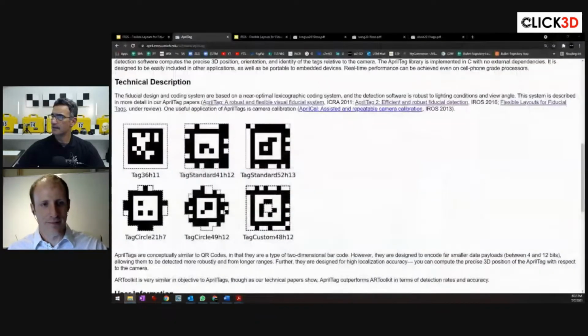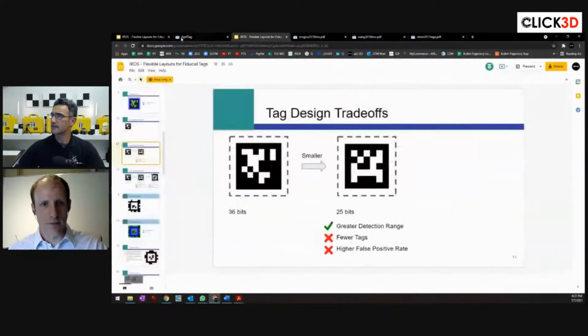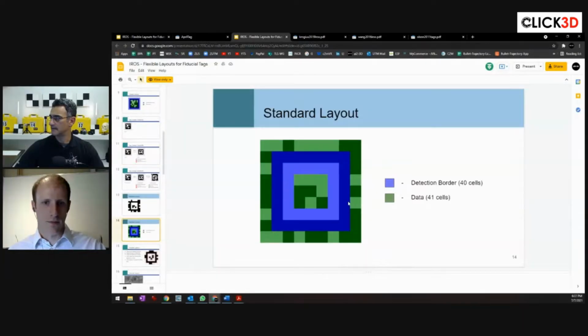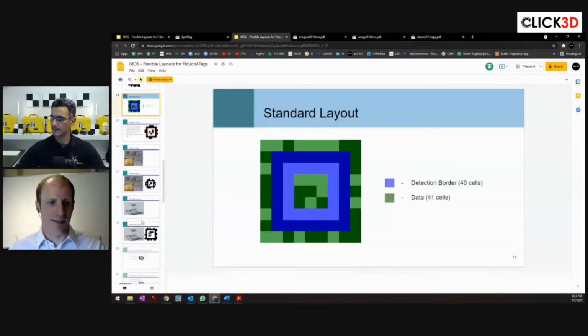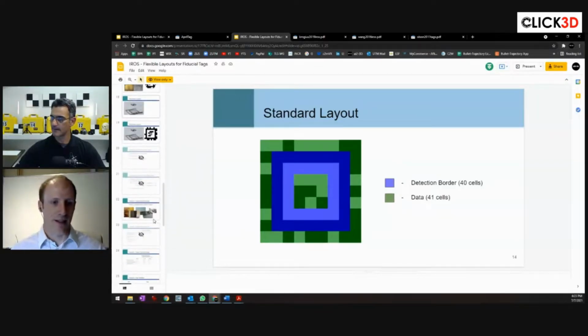Actually, the color was an interesting one. I think you talked about that, because recently somebody sent me a target that had different colors. Typically they've been black and white, or a very dark gray and a white, and then somebody had a blue and a yellow. I was wondering why that might be helpful. Well, there are kind of two reasons. One is to speed up detection.